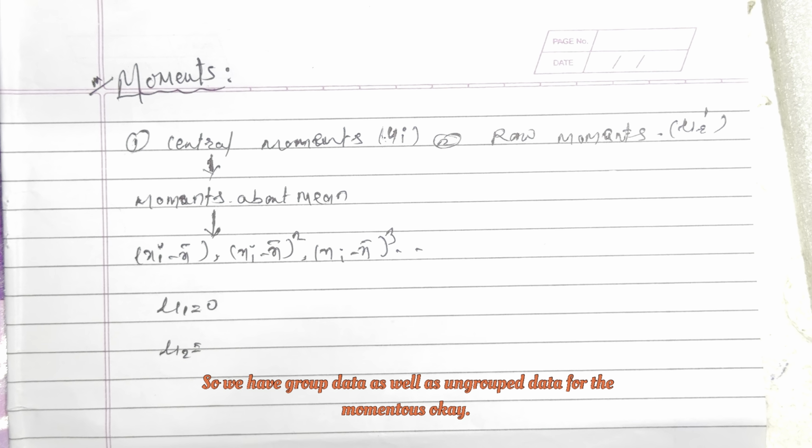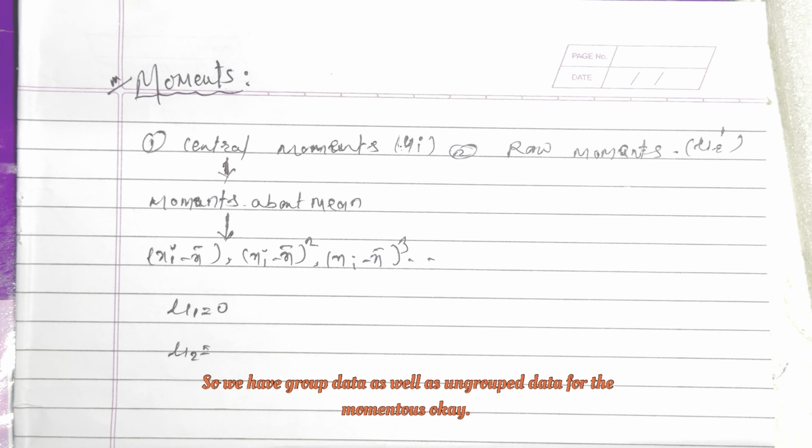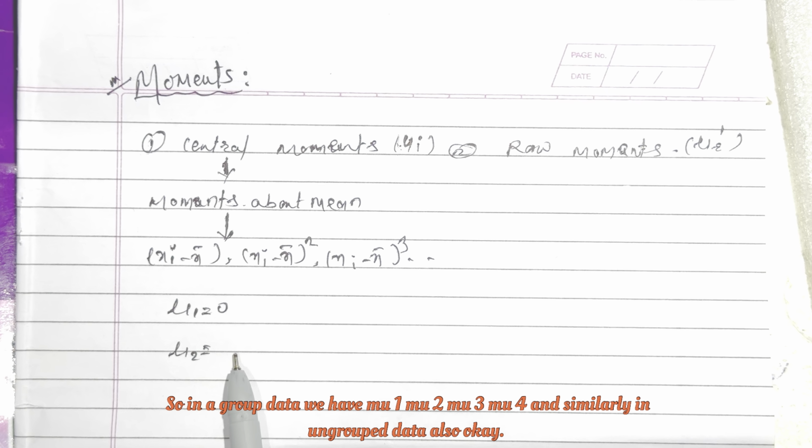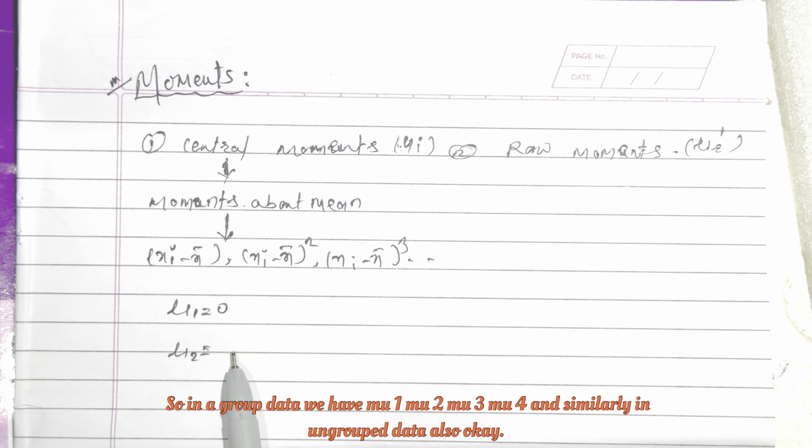We define this for both kinds of data. For grouped data mu1 is 0, and we have mu1, mu2, mu3, mu4, and similarly for ungrouped data.